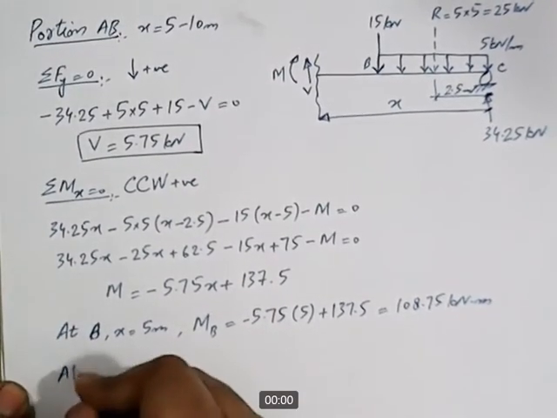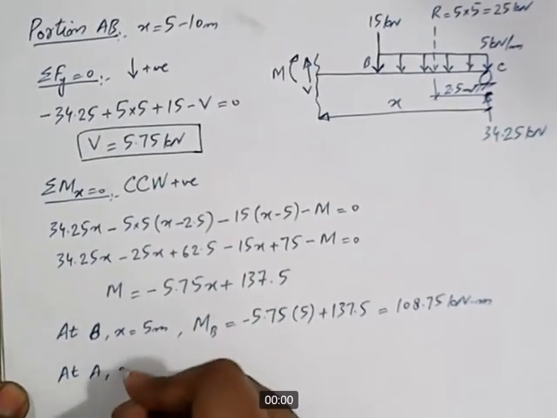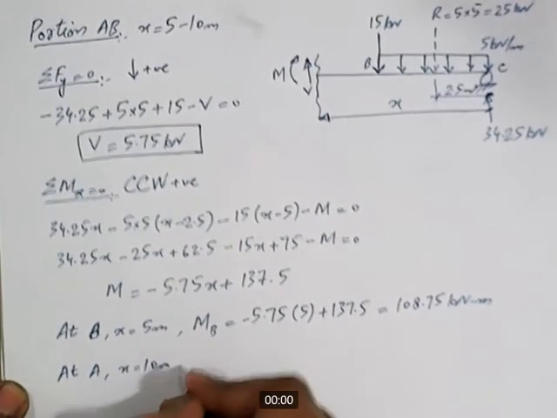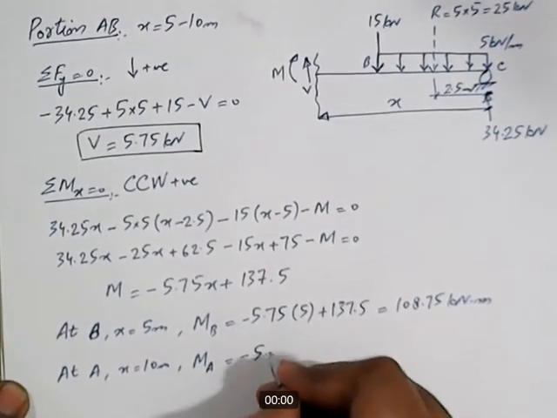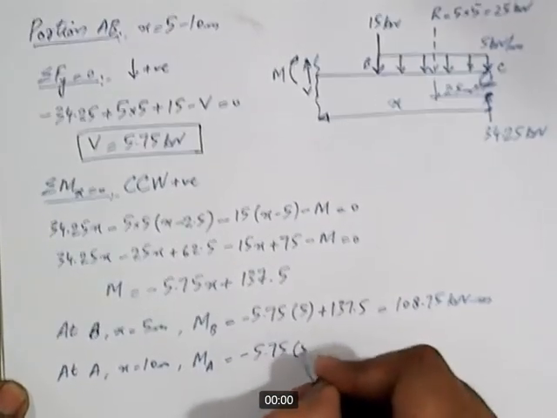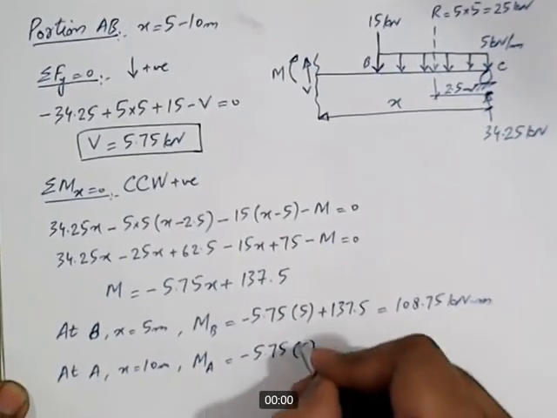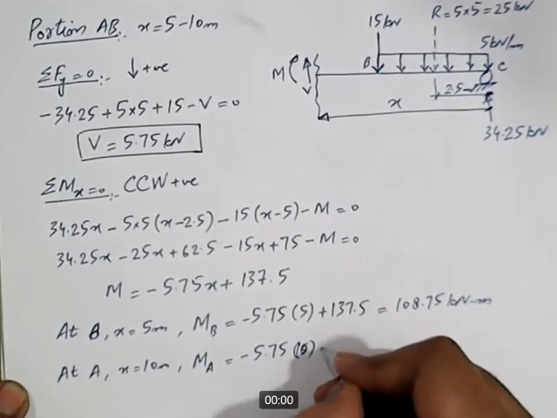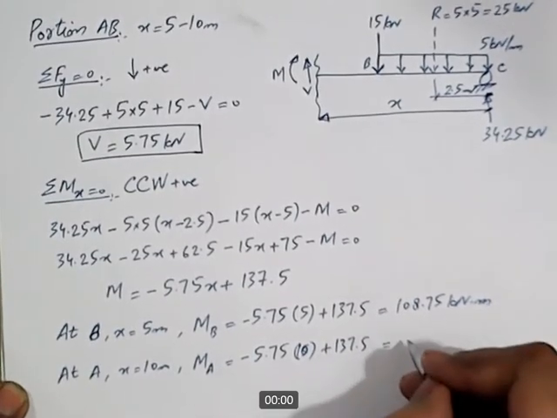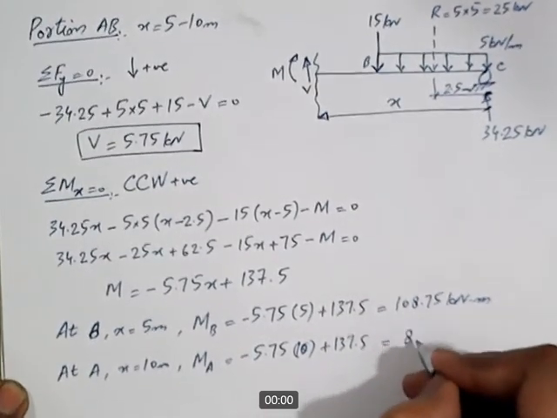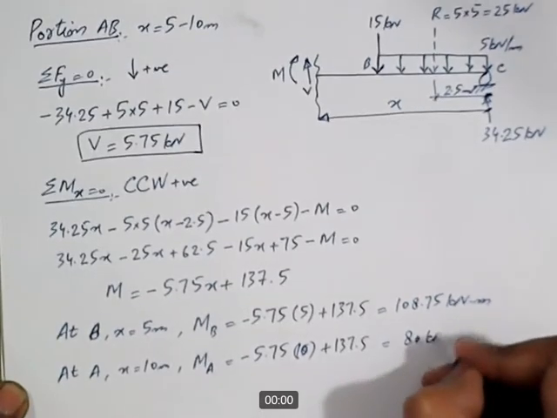And then at A, x is equal to 10 meters. So MA will be equal to minus 5.75 into 10 plus 137.5, and it turns out to be 80 kilonewton meter.